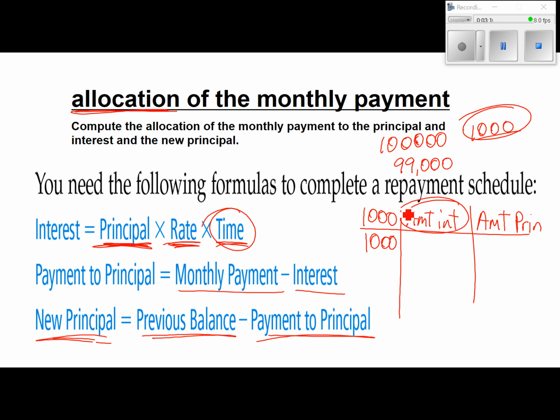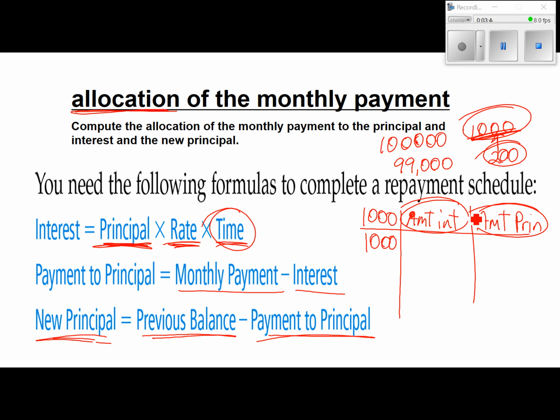That's what we talked about in class, and we talked about how if you can make extra payments, then you need to tell that lending company, hey, I want to pay my $1,000, but I also want to put an extra $200, and I want it all to go towards the principal. That takes that down so they don't make so much interest off of you.